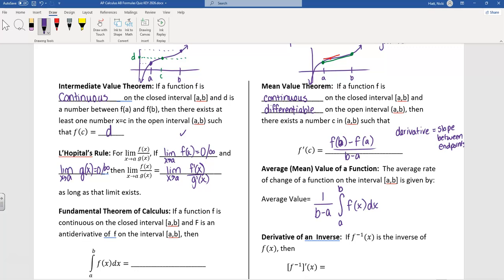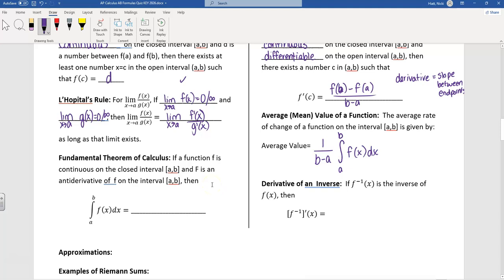Okay, questions here? So take the derivative of the top, derivative of the bottom, plug our values in.